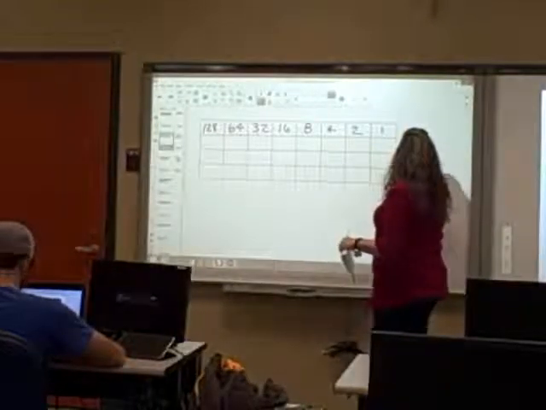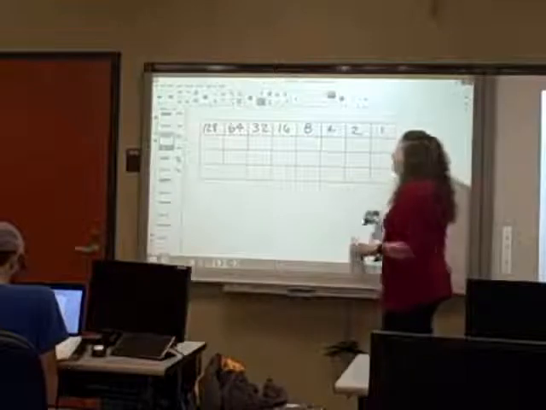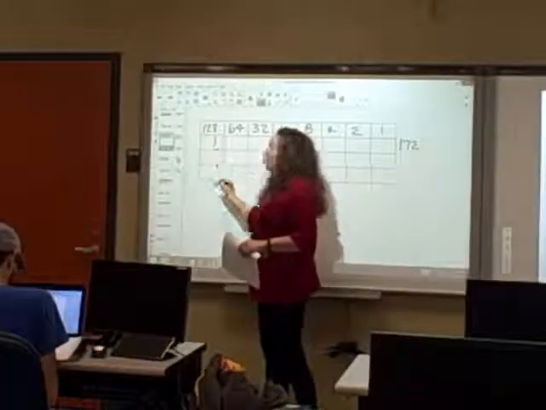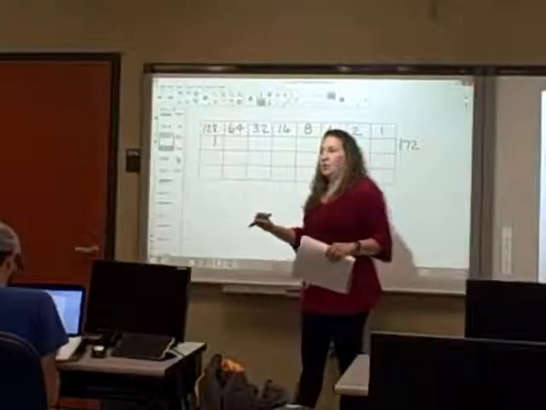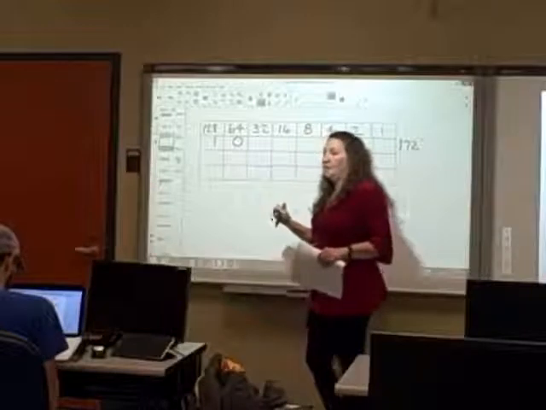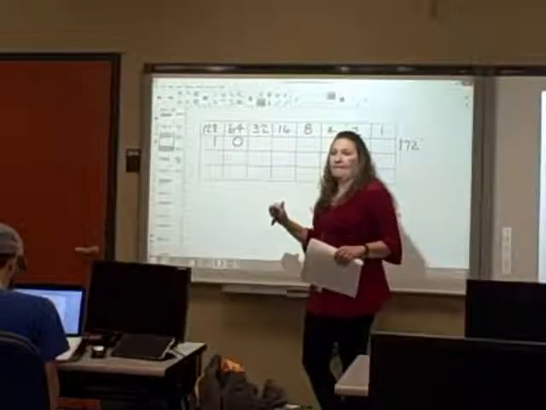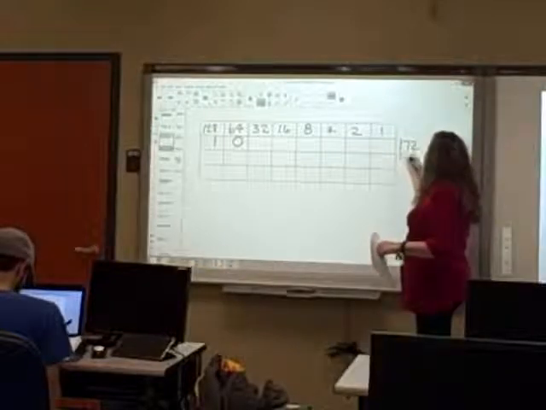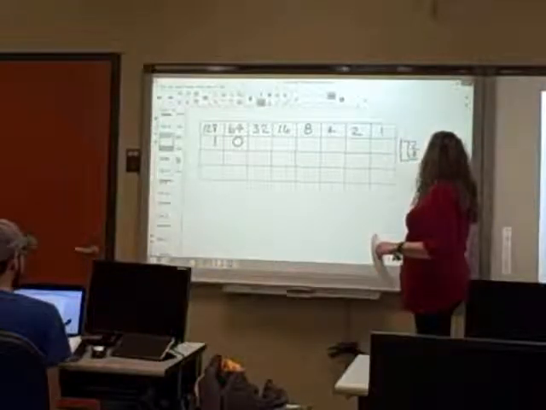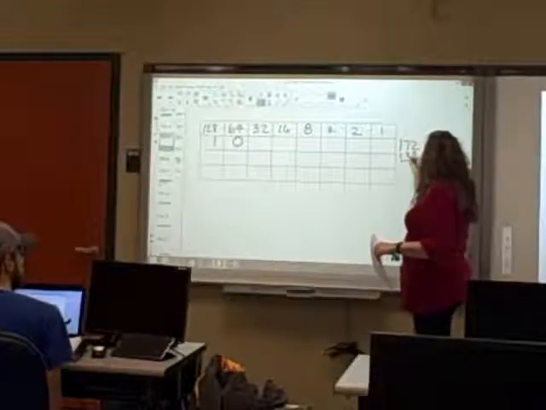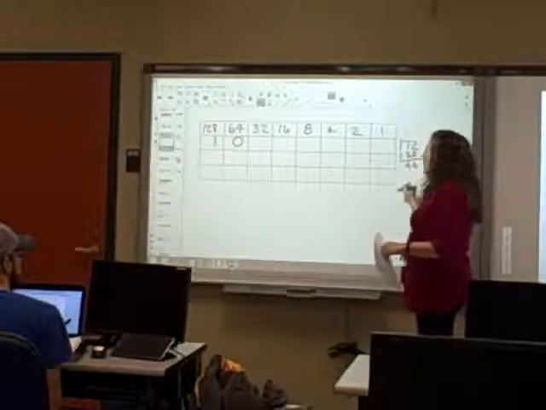Let's do 172. Do I turn on 128? Yes. Do I turn on 64? No. Do I turn on 32? 172 minus 128. Somebody help me with my math. I think that's right.